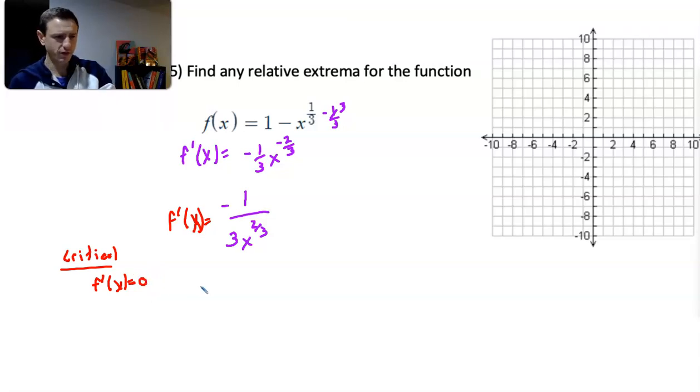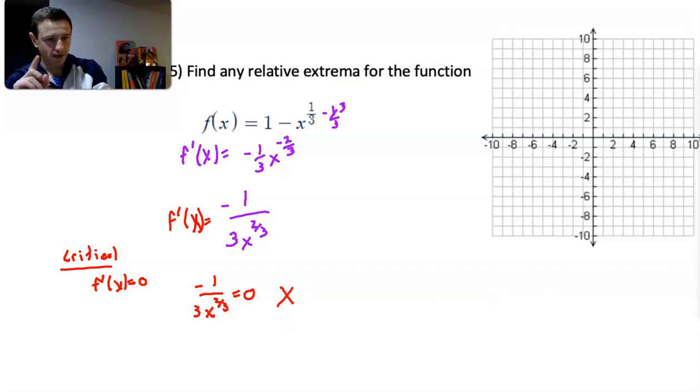So if I set this derivative, negative 1 over 3x to the 2/3, equal to 0, what ends up happening is I can't solve this. I can't solve for x. So that means I don't have any points where the graph is going to have a horizontal tangent, meaning it flattens out anywhere, because I can't solve this.